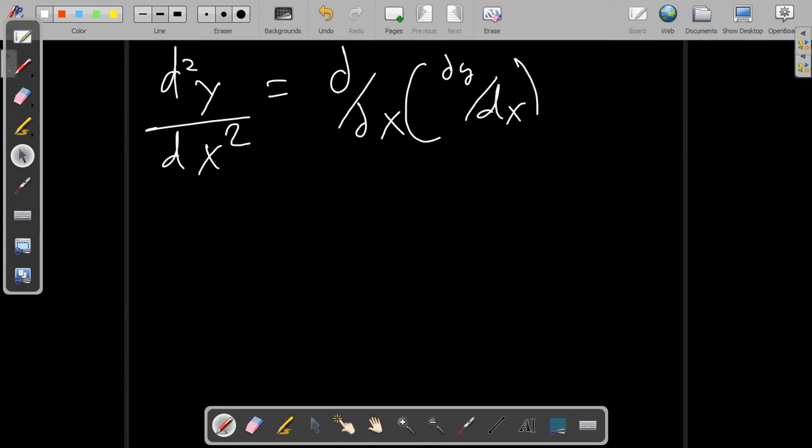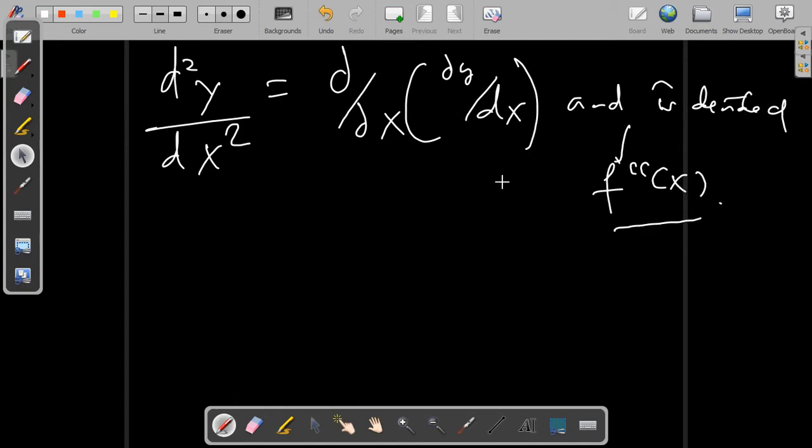We can denote this as the function of the second order derivative, as you observe.